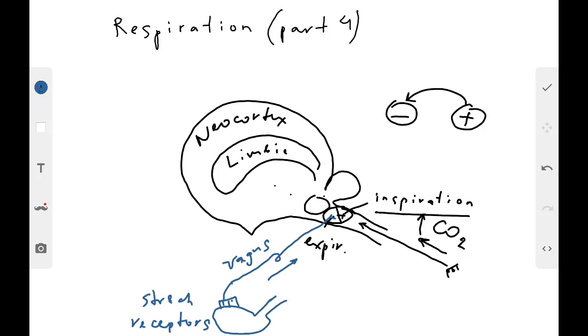So this is the Hering reflex. When a person inspires, he normally gets only 500 ml tidal volume in his lungs, not more, because this reflex stops inspiration and induces expiration.